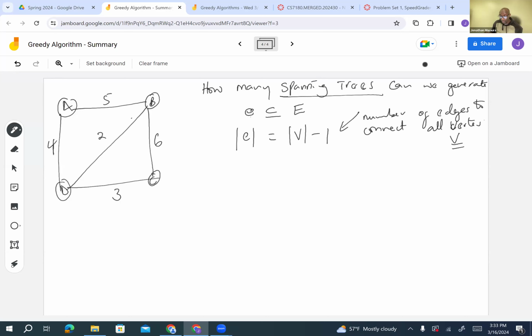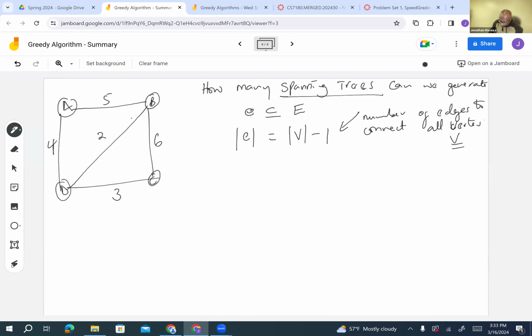We need to know how many vertices we have in order to know how many edges we need. And then I think we're just selecting a combination of edges, small e, in order to get this particular graph.